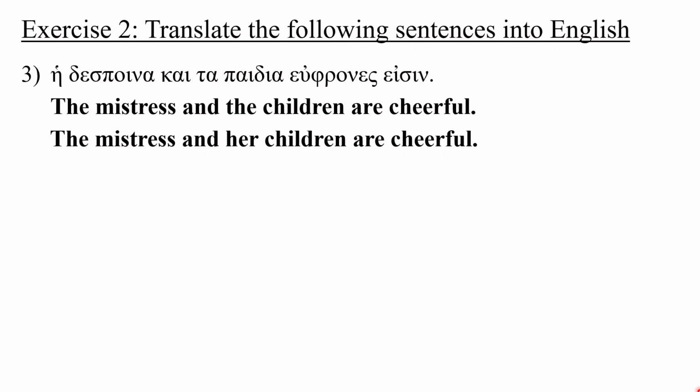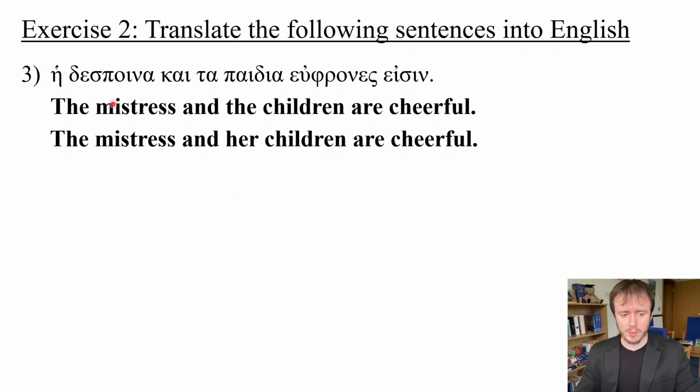A paidion is a little child. So well done if you said the little children or her little children in your translation. I didn't include the word little in my translation, and that's because you can sometimes translate Greek diminutives without reference to the fact that the thing is a little version of the thing. It depends upon the context, really, as to whether you think it's important or appropriate to mention that it's a little version of the thing.